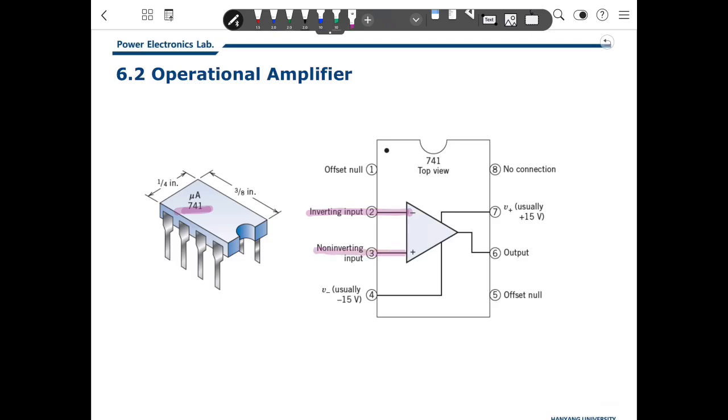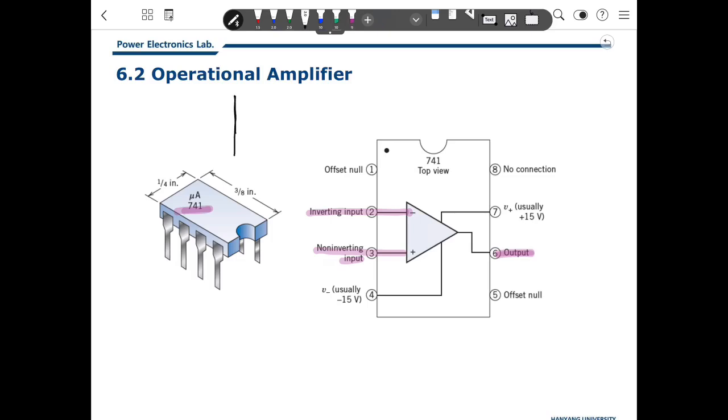We do not say this is a positive input. We call this a non-inverting input. And we have 1 output. Actually, this op-amp is an amplifier. What is the meaning of amplifier? It magnifies signals.